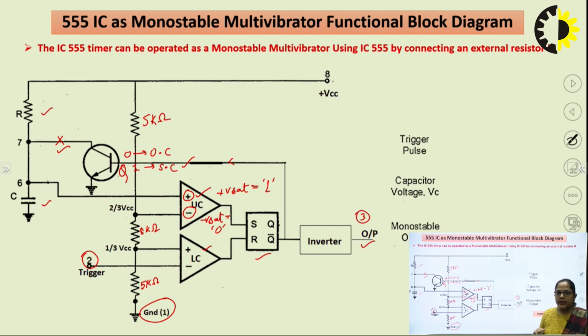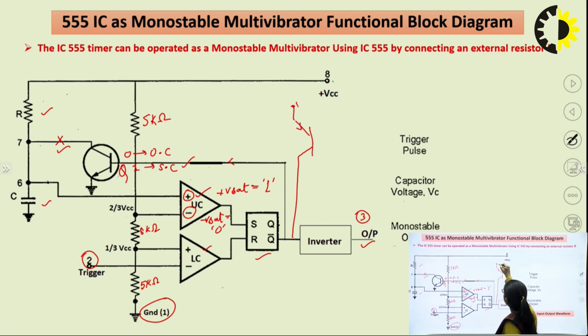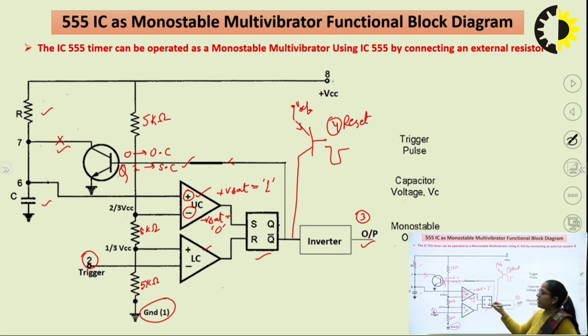Pin number 4 is the reset pin. The reset pin will be connected to this Q with the help of a transistor, let's say V reference, and when we will apply a negative pulse at the base of this transistor, this IC will be reset. So here we will have our pin number 4. Then pin number 5 is the control voltage, which is generally connected to this particular point, which is the inverting terminal of upper comparator.